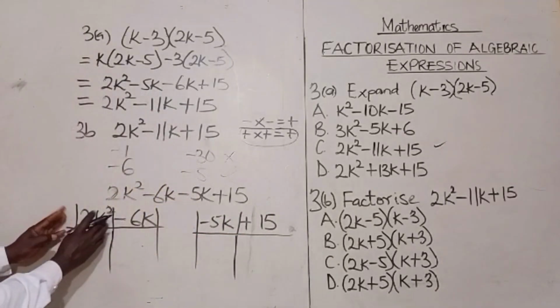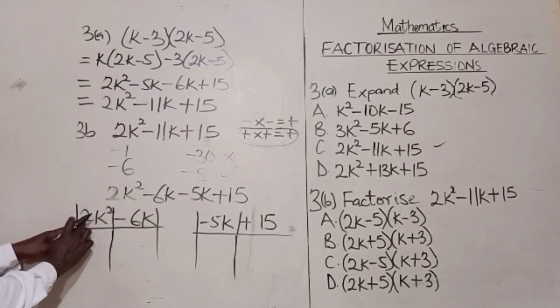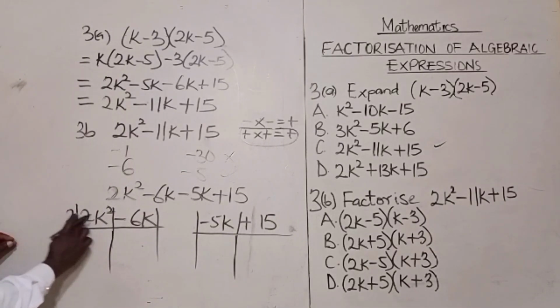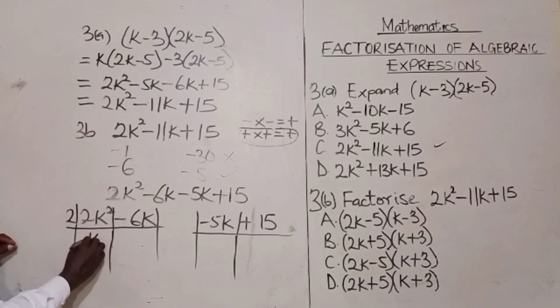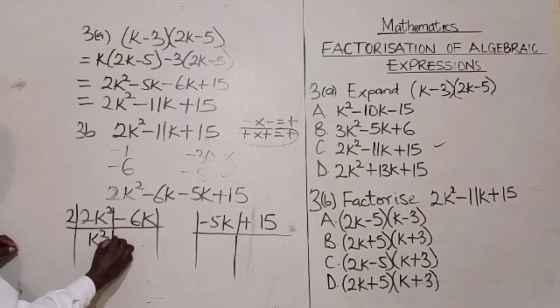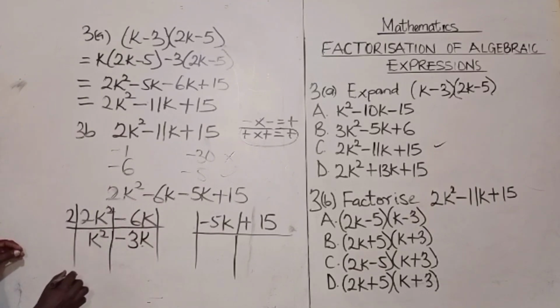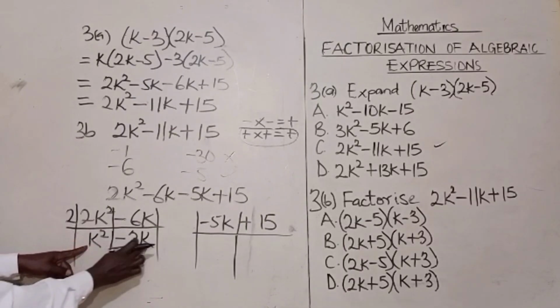Now let us see, because here the factorization begins from this point. What is common between here and here? We will take 2. 2 is common. So we are using 2 to divide here, it gives us k squared. Then using 2 to divide here, it gives us minus 3k. Is there any other thing again that is common between here and here? k is still common.